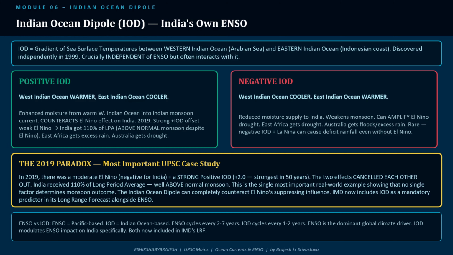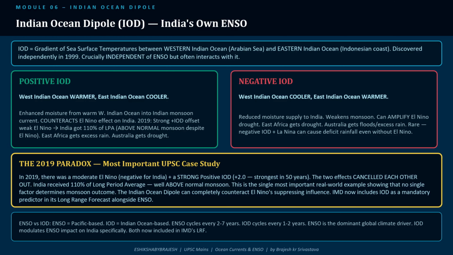Now, the 2019 paradox. This is the most important real-world case study in this entire module. Read it carefully. In 2019, there was a moderate El Nino in the Pacific, which by historical pattern would tend to suppress India's monsoon. Conventional forecasts would say deficit monsoon likely.